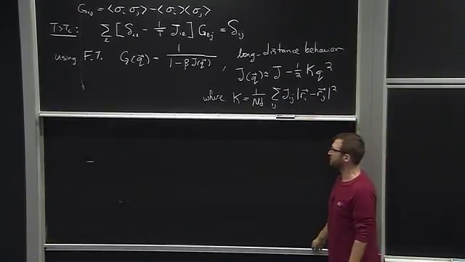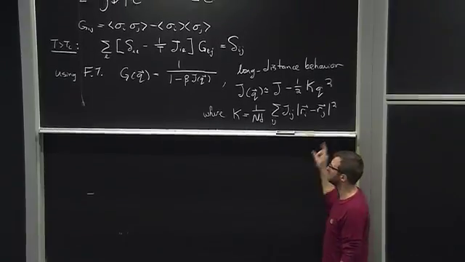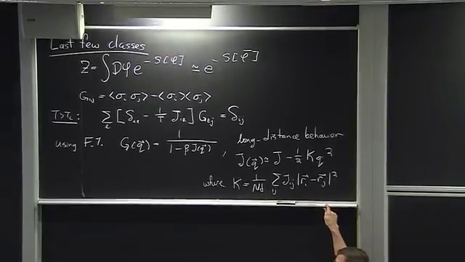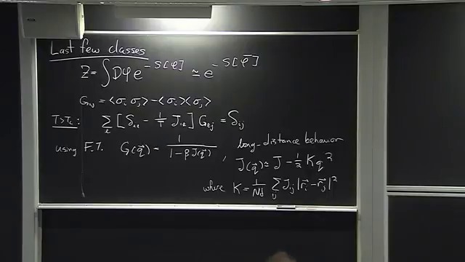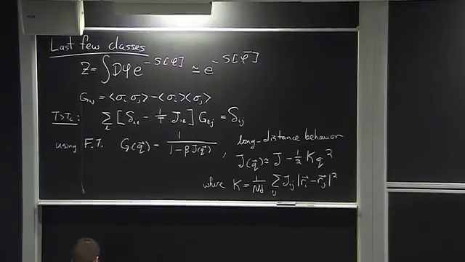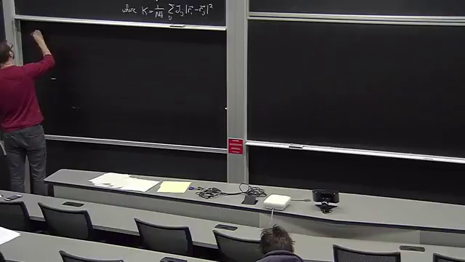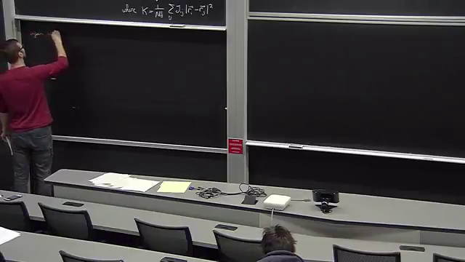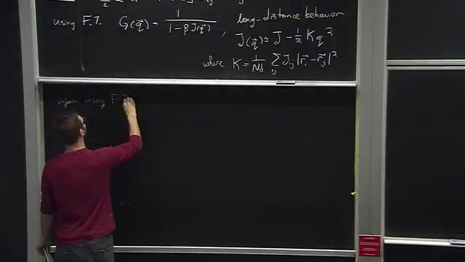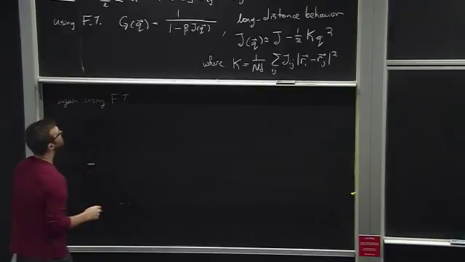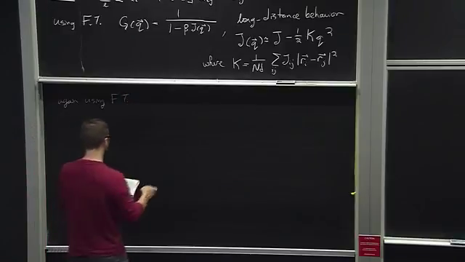Okay, so that gave us the Q dependence. That's the important part of the two-point correlation function. And so again, using a Fourier transform, I derived the expression for the correlation length.